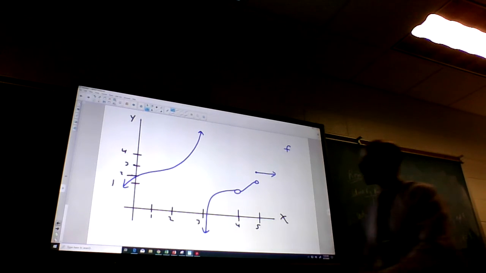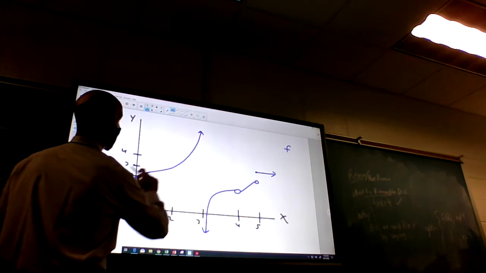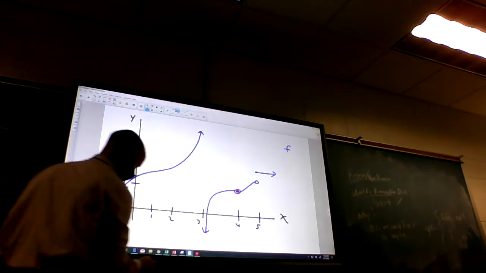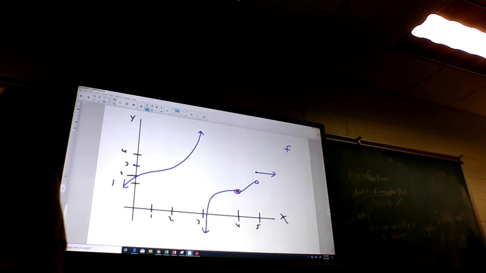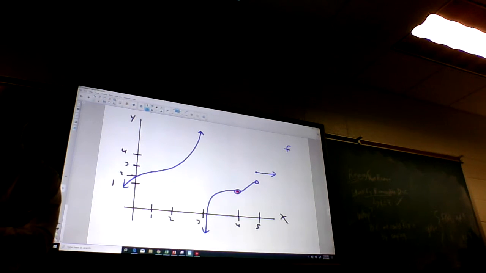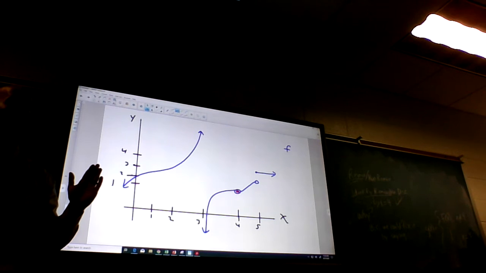And let me go ahead and draw you that point. Let's do it in red. I'm going to draw the point. Did I just make it continuous at x equals 4? Yeah. Can you do that? You can just add a point. You can. And what I just did is I removed the discontinuity. I've just removed the discontinuity.